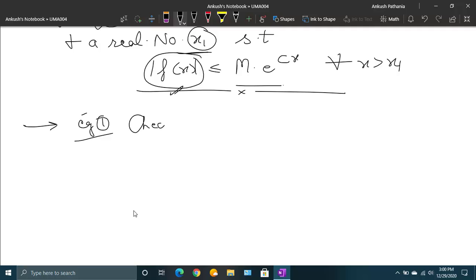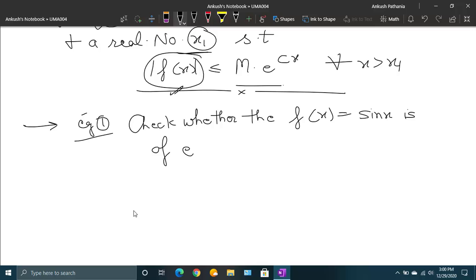Check whether the function f(x) equals sin x is of exponential order or not. So this is the question that we have to now solve.